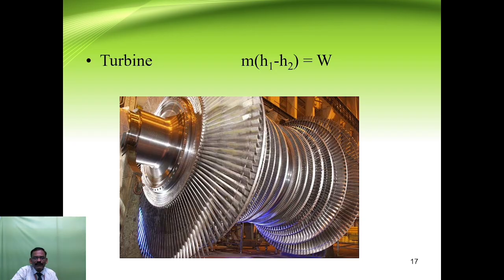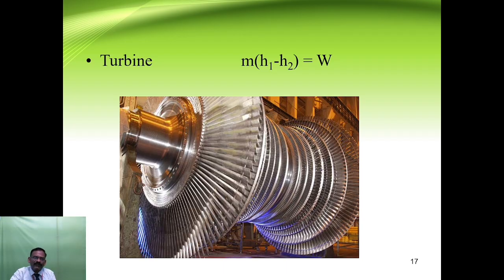Then the turbine. Already we saw that the turbine is a device used to convert heat energy into mechanical work. It is called a steam turbine. Here the equation derived from the general steady flow energy equation is tau equal to mass into enthalpy difference.